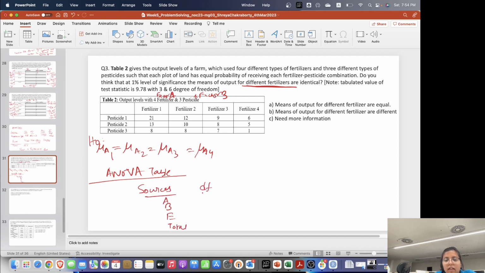Okay. And we will have DFs, SS, MS, F. So now how are we going to find out? Alright. So for total SST, this is nothing but the double summation of Yij minus Y naught naught bar, whole square.